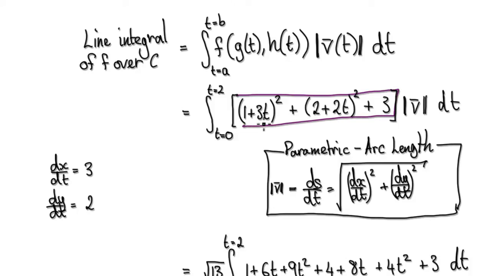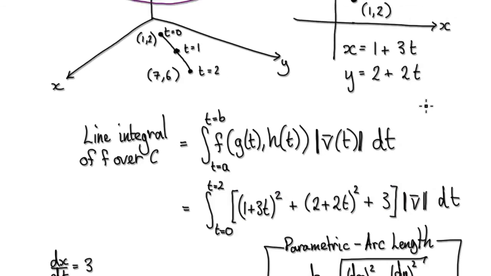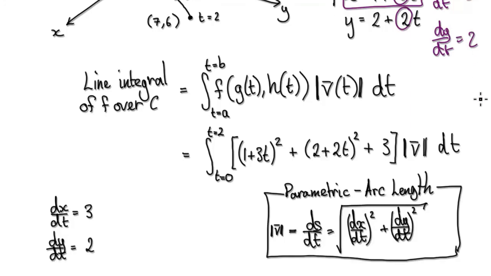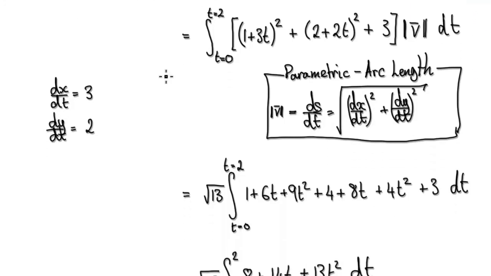But then we need to work out the speed. So the speed would be you going back to here. You've got to find dx by dt, which is 3, and dy by dt, which is 2. So that's this bit here. Don't forget, you've got to square it.